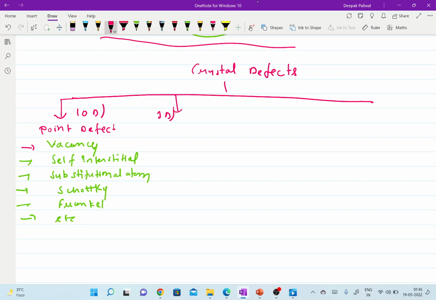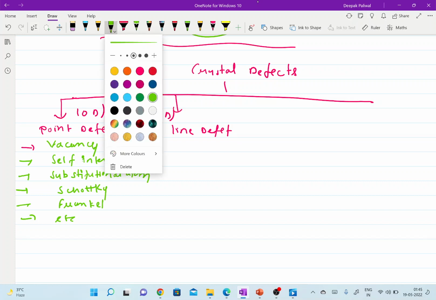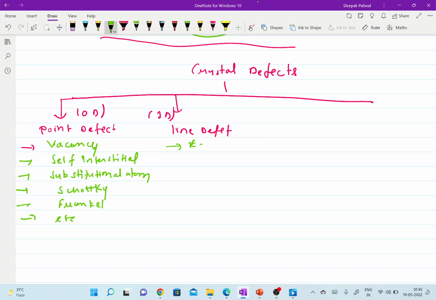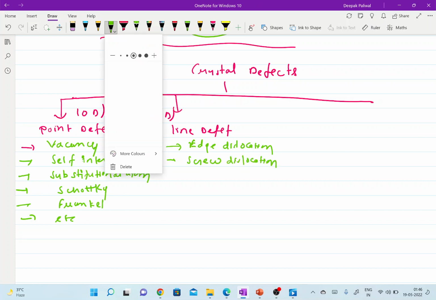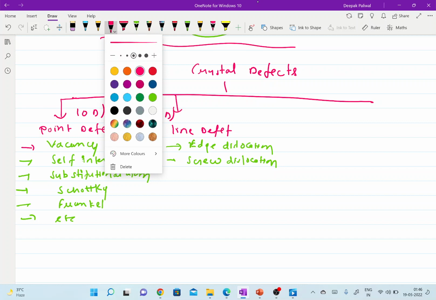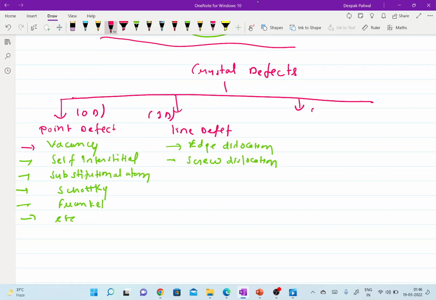We have 1D defect, that is called line defect. In line defect we have edge dislocation and screw dislocation. Then we have 2D defect.